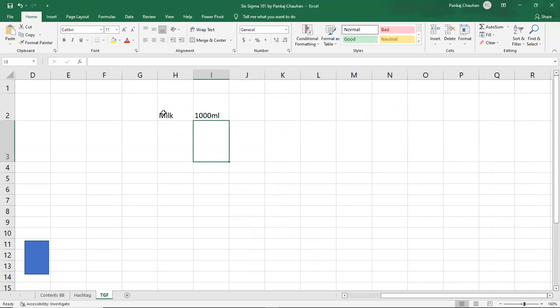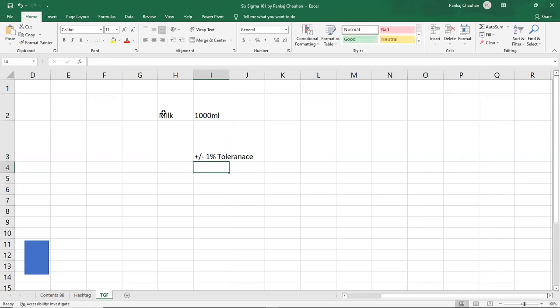Because every packet cannot contain exactly 1000 ml of milk, these come with a specification value, like a plus or minus 1% tolerance.